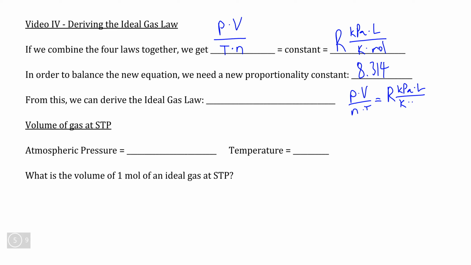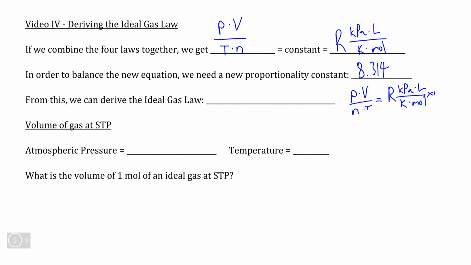Now, we're going to modify this expression by moving n and T over to this side by multiplying both sides by n and by T. Now, if we do that, because the unit for T, degrees Kelvin, appears in both the numerator and the denominator, it cancels, and likewise with moles, and that allows us to come up with an expression that has no fractions and shows the relationship between all four variables with our proportionality constant.